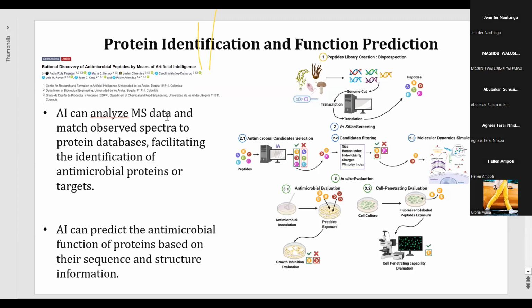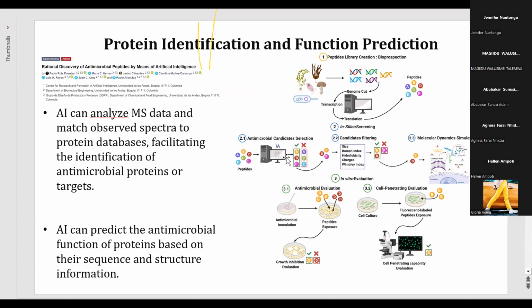Those instruments give the MS data. From there, you can identify the different proteins that are antimicrobial in nature. Suppose you extract the protein, and then you get these candidates.